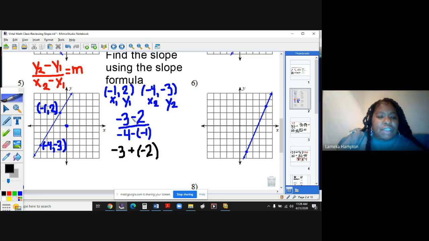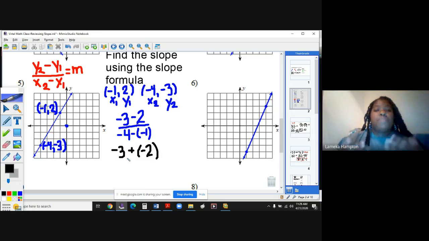I changed my subtraction sign to an addition sign simply because they are inverse operations of each other. And by the way, inverse is just the mathematical term for opposite. And I have 2. I changed my second number to the opposite, and the opposite of 2 is -2.